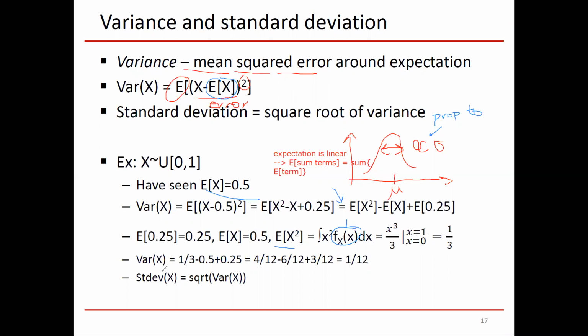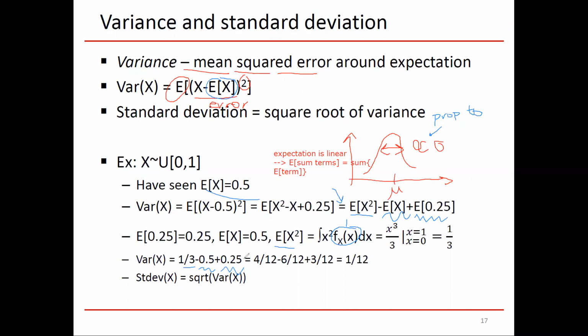Now we have that the variance is the expected value of x squared, which is a third, minus the expected value of x, we're subtracting half, and then the expected value of a quarter is a quarter. All of these terms have a common denominator.